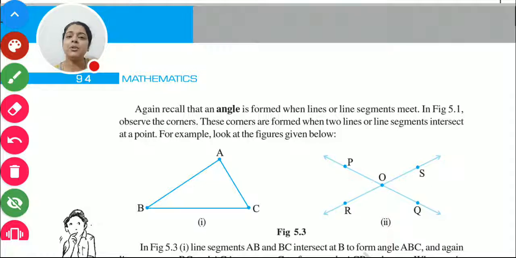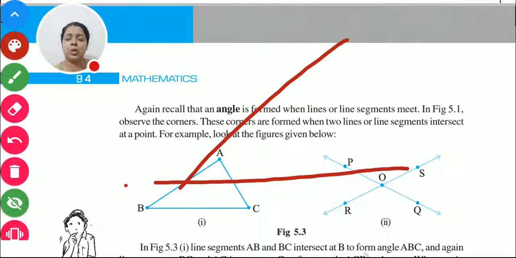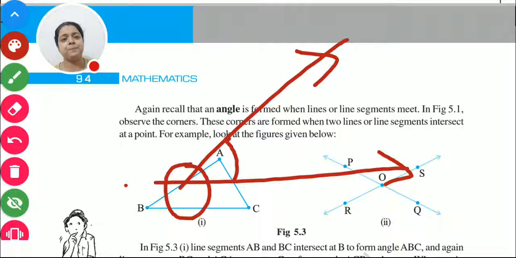When we talk about an angle, two rays intersect at a point, and they form an angle. Two rays form an angle when they intersect with each other. This is called an angle.